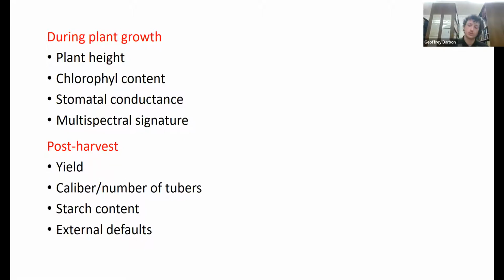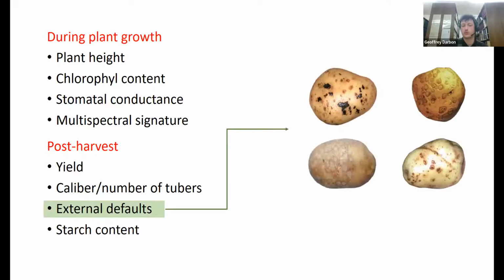I will mainly focus on what we call in Agroscope the external defaults, which are the potato tuber blemishes. You can see that the tubers here can be affected by various pathogens that develop at the surface of the tubers, which we can observe post-harvest.